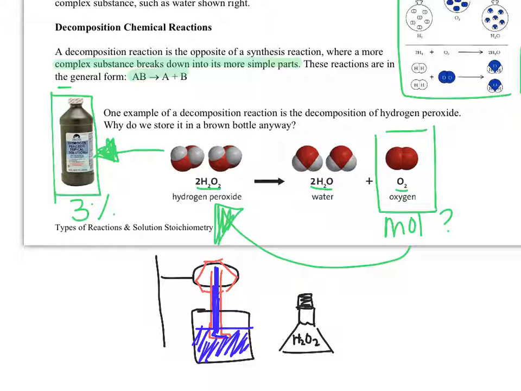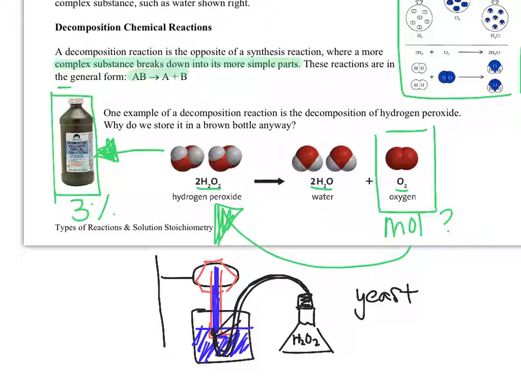Our catalyst for this example was yeast. So we added yeast to the hydrogen peroxide, then we put the stopper on our container very quickly. Now that stopper had a hole in it, and out of the hole was a tube. We fished that tube into that beaker of water and into the mouth of the graduated cylinder.